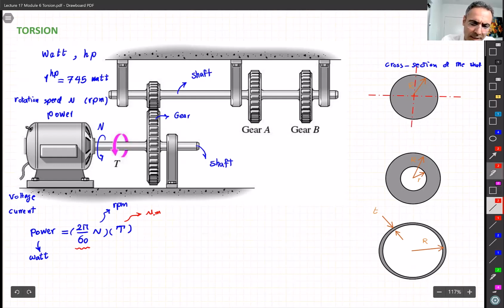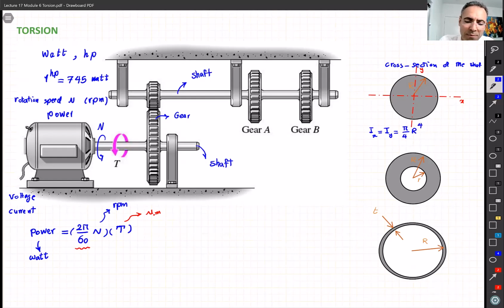If I call this x, and this one y, we introduce something which we show by I, and here, for example, Ix and Iy are equal, and for this shaft it is pi over 4 R^4, right? We call it moment of inertia, and we said it is resistance to bending.